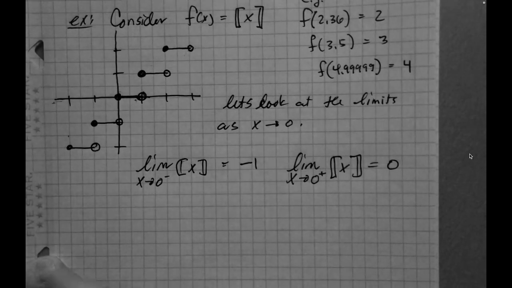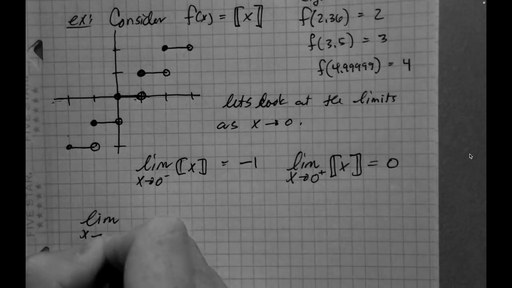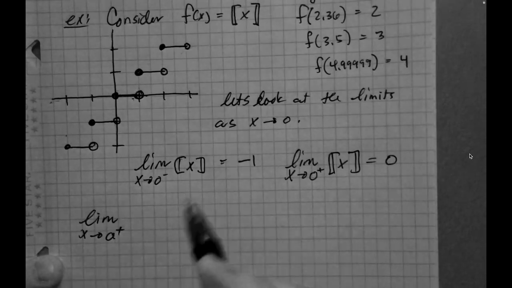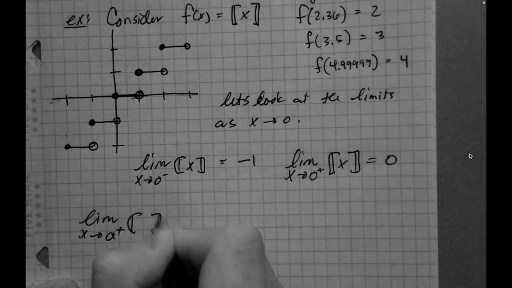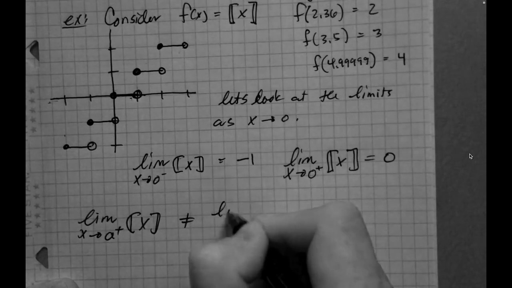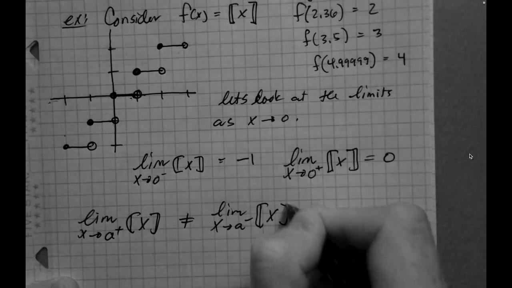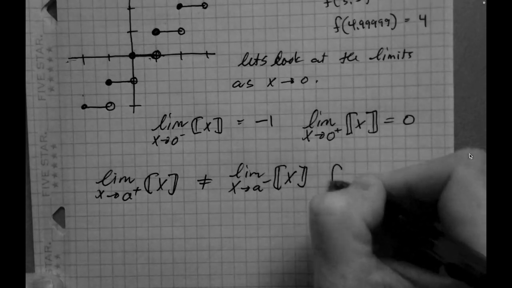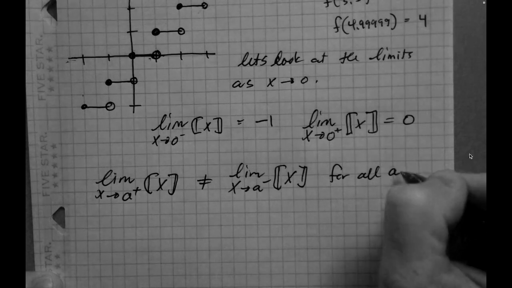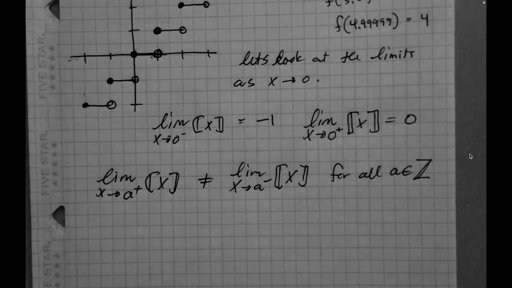Really what you can say is that the limit as x approaches a from the right-hand side is not equal to the limit as x approaches a from the left-hand side, and this is for all integers. The left and right-hand limits do not agree at any integer, so pretty much any integer is going to produce discontinuities.